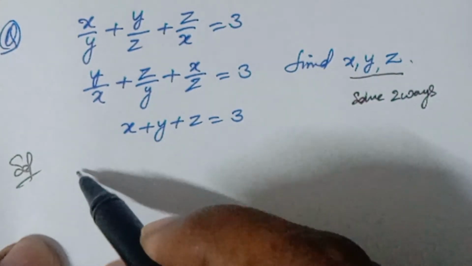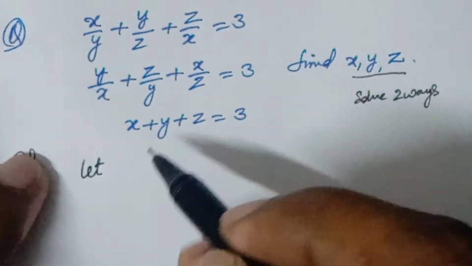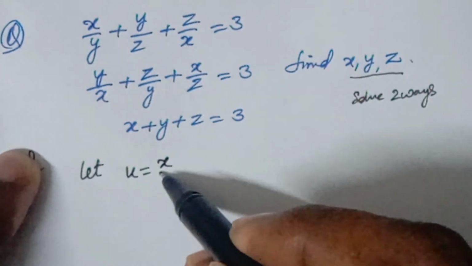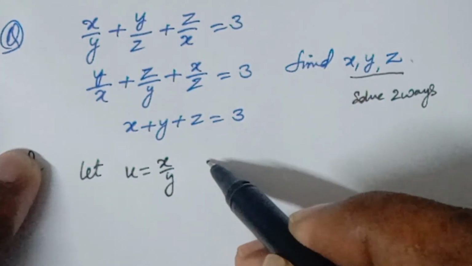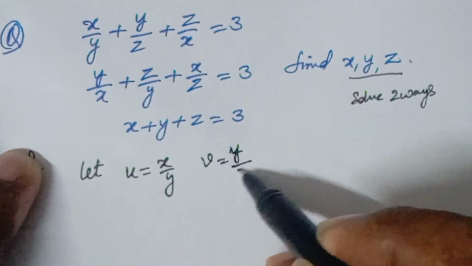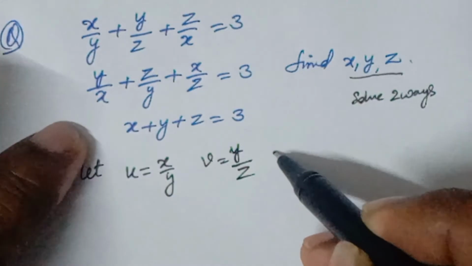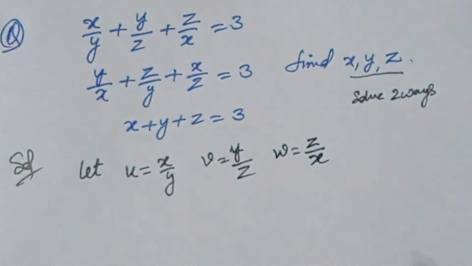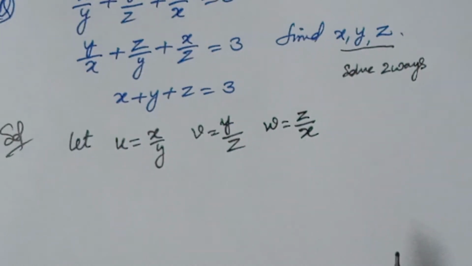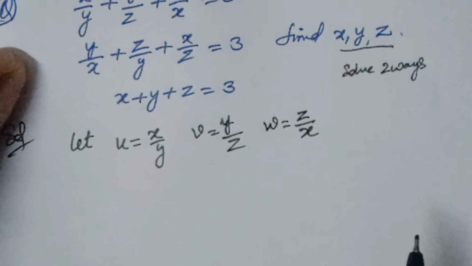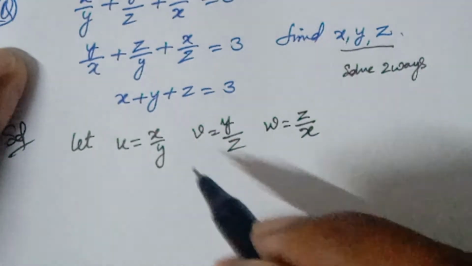So here, let us take u is equal to x/y, v is equal to y/z, and w is equal to z/x.